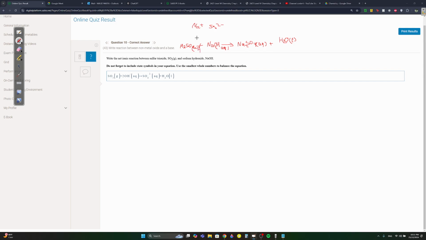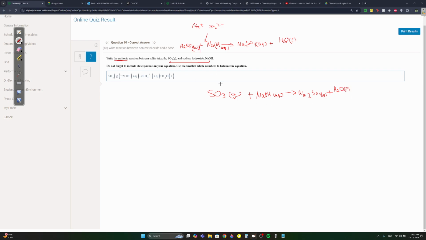But remember, were these my reactants? No, they weren't. My reactants were these. So you have to rewrite it like this. Na2SO4 aqueous plus H2O liquid. So this is your reaction.